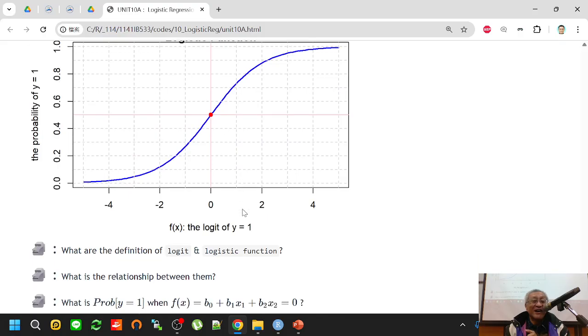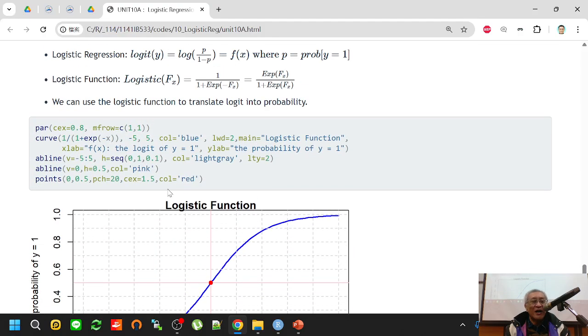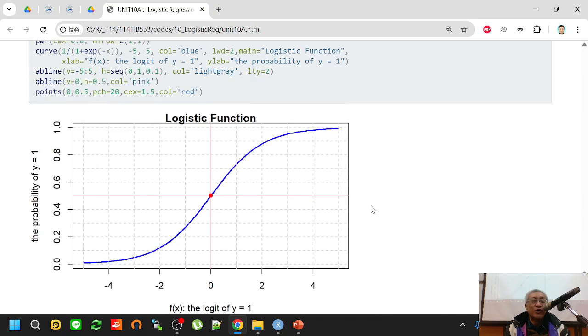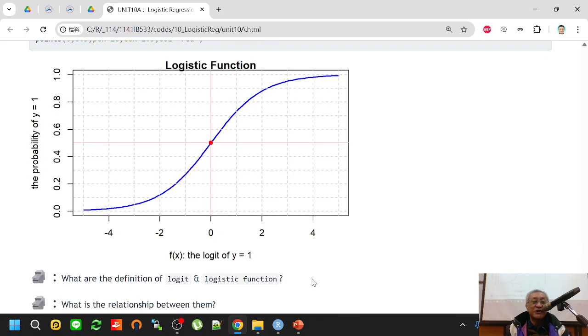And the last thing I want to do here, though I don't have time to go through the code, is to point out that this is actually the chart of the logistic function. So the horizontal axis is actually the logit.